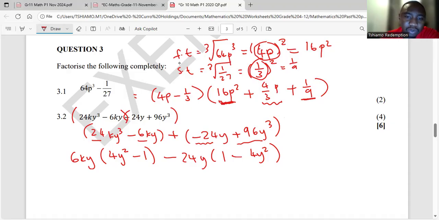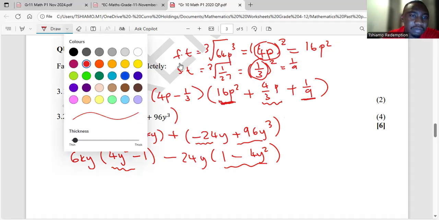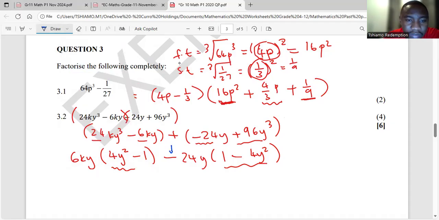Okay, now what do we notice here? These two brackets are similar, but they differ in sign. So what are we going to do? We're going to introduce what we call the sign change. Sign change says change the sign in the middle. If it's a negative, make it a positive.